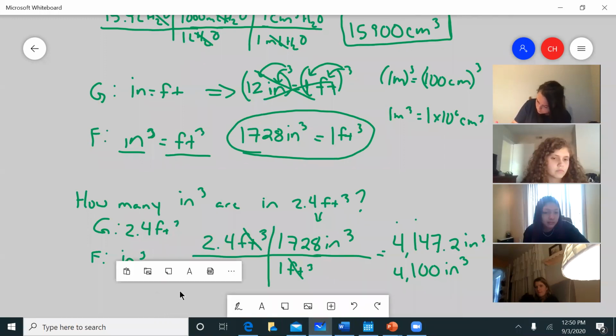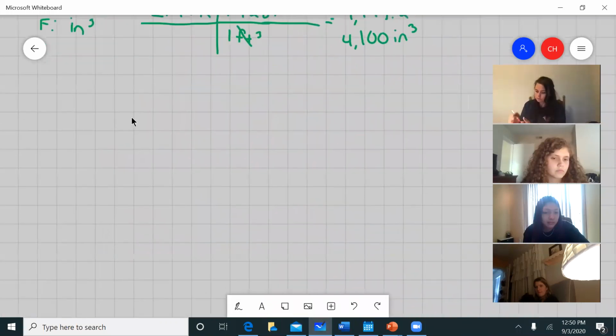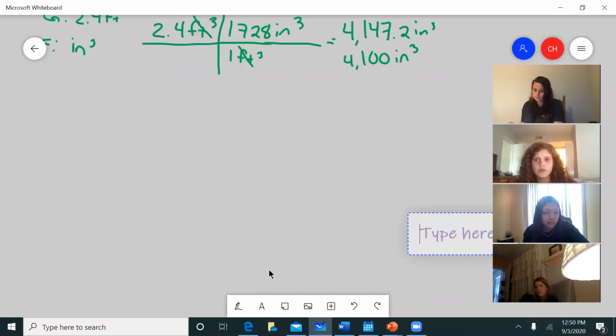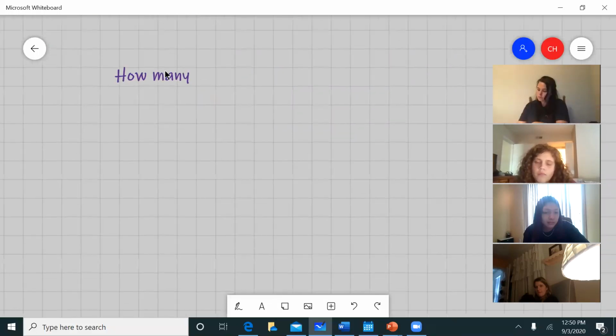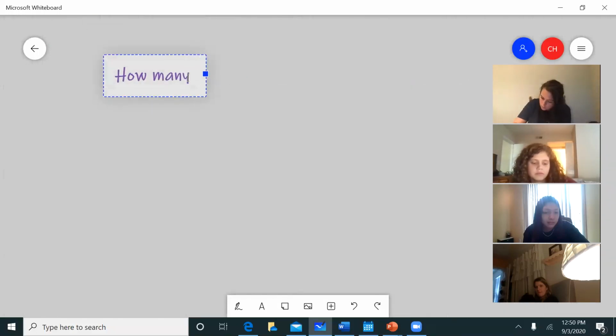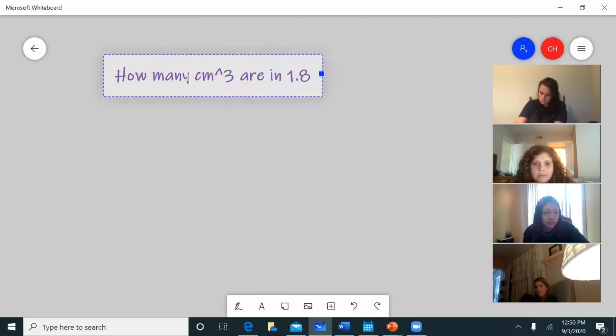Okay, so let's do how many centimeters cubed are in 1.8 times 10 to the 7th inches cubed.